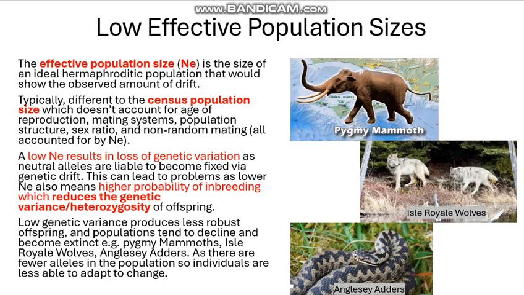They had extremely high levels of inbreeding because of the low effective population size, so they eventually became less robust. They had less heterozygosity, they had fewer alleles, so they were less able to adapt to change. And obviously deleterious alleles accumulate, like we're going to talk about next, with high levels of inbreeding, so they eventually went extinct.